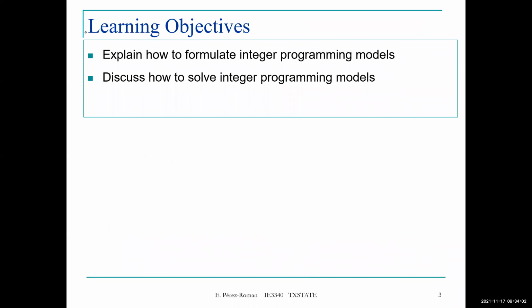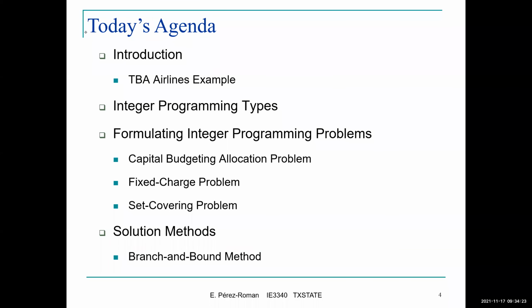So the learning objectives for today, first, is to explain how to formulate integer programming models. There's not going to be a major difference between what you know already and what we're going to explain today. There's only one small detail that you need to be aware of. And then we're going to discuss how to solve integer programming models. So the agenda: we're going to go through the introduction, and I'm going to present an example just to illustrate the point.